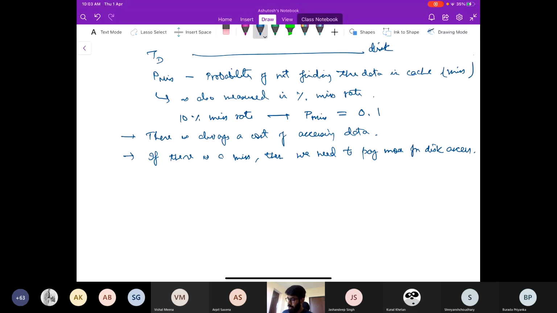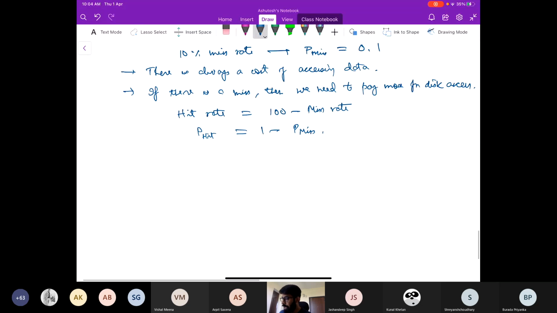Just like miss rate, there is also hit rate. Hit rate is 100 minus miss rate, and Phit, the probability of hitting, is equal to 1 minus Pmiss. This is quite obvious and intuitive.